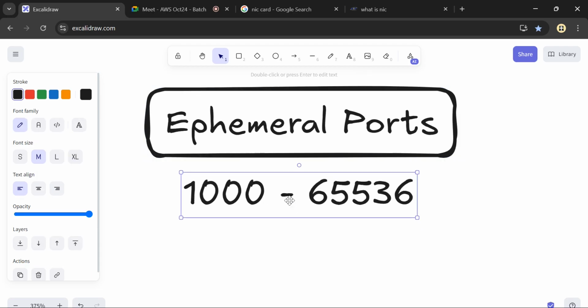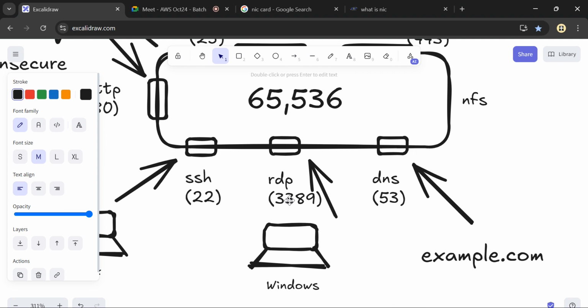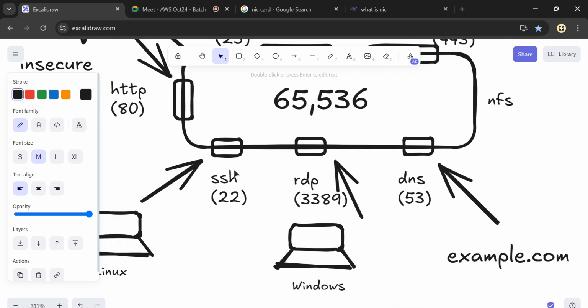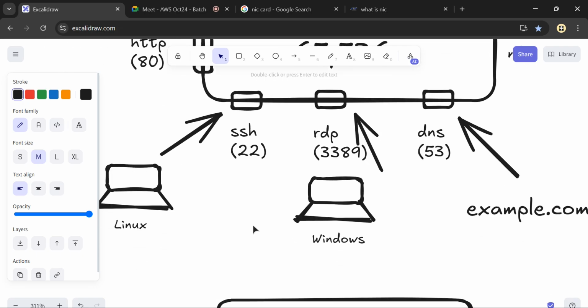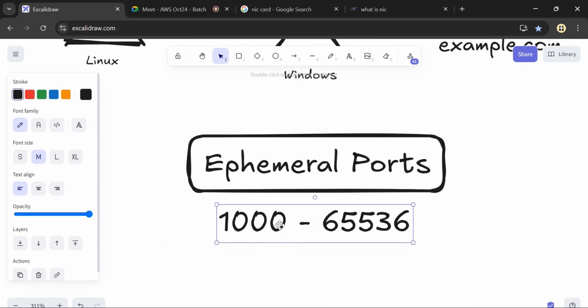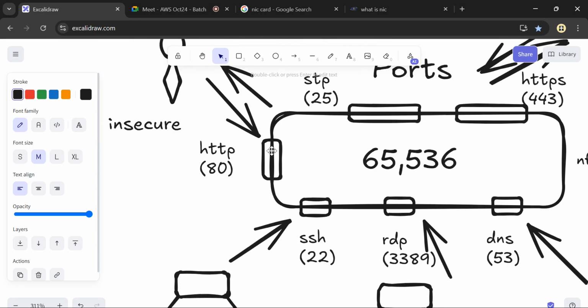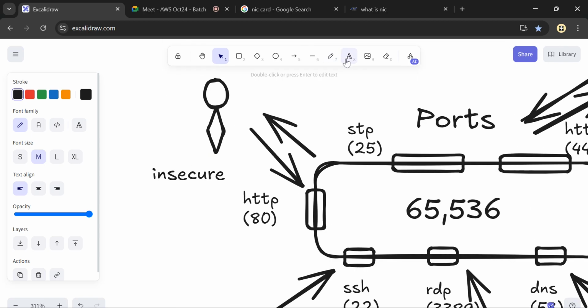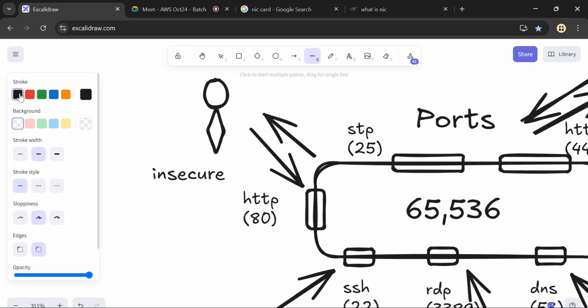Now, the purpose of an ephemeral port is, in case any of the ports becomes unavailable, they will provide some temporary port from this range. So from 1000 to 65,536, any other number will be provided here. So let's say, for example, my HTTP port is not working temporarily.